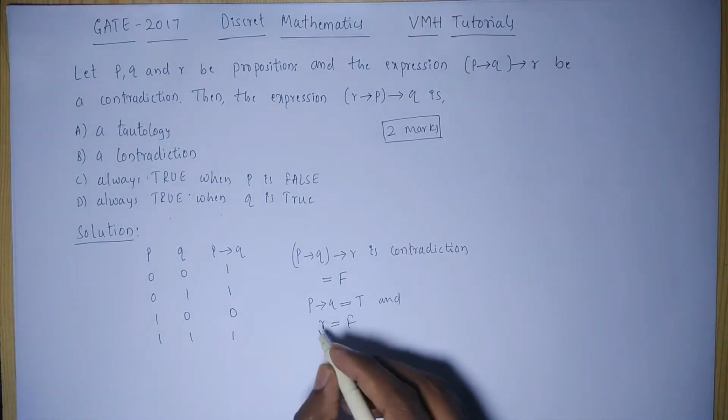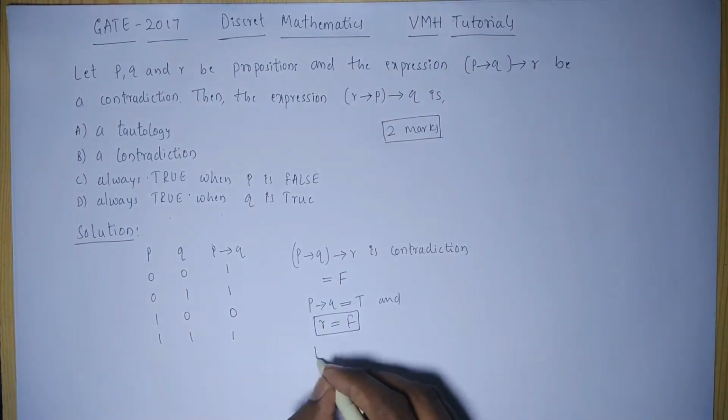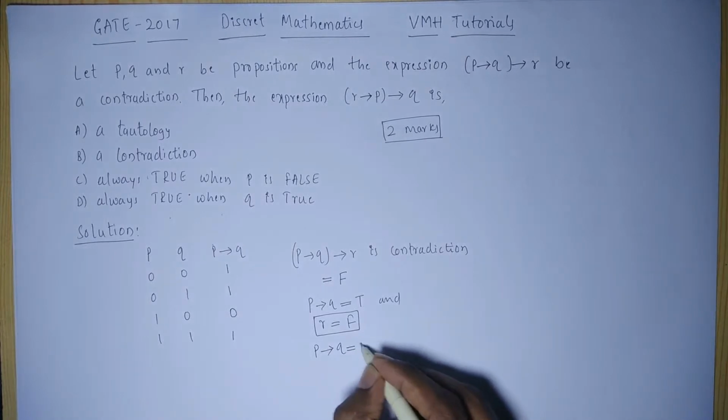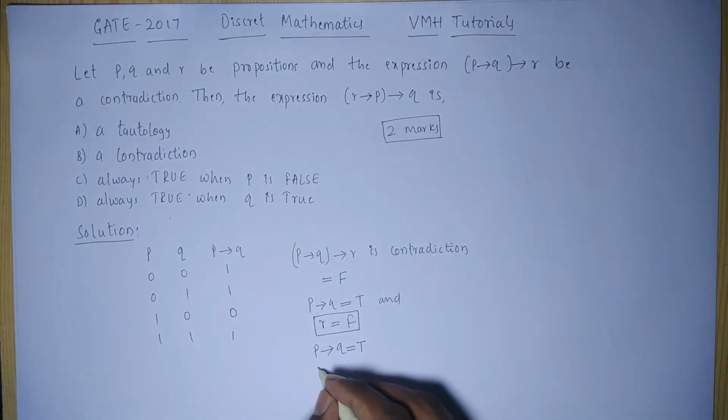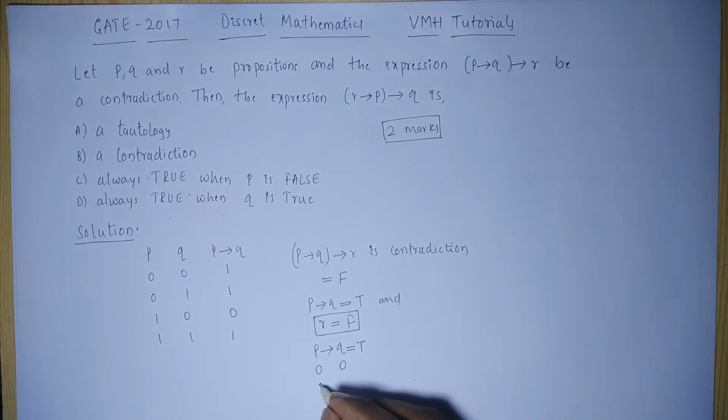Now we know that R is false. For P implies Q to be true, there are three possibilities: either P is 0, Q is 0, or P is 0, Q is 1, or P is 1, Q is 1.